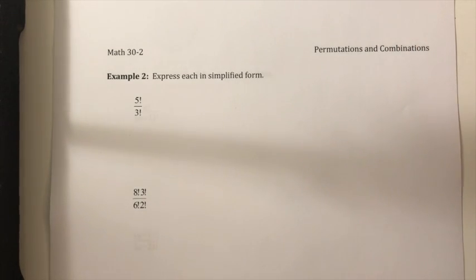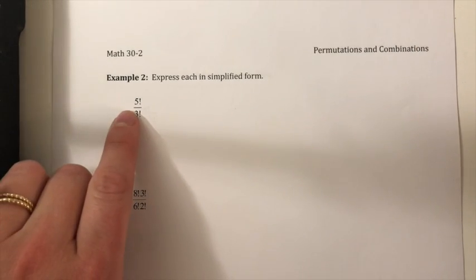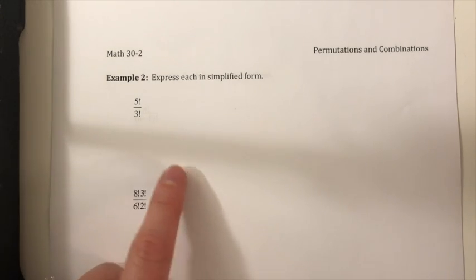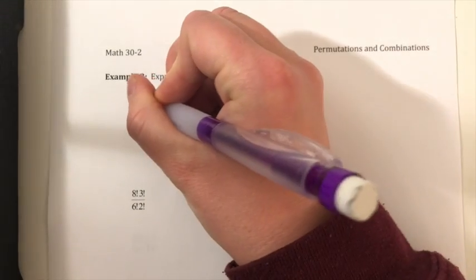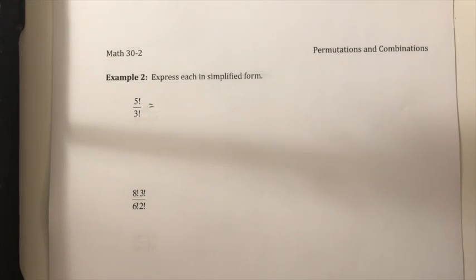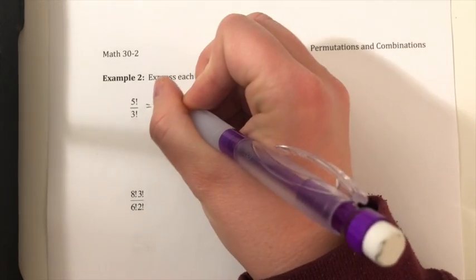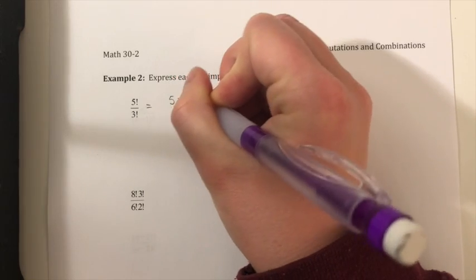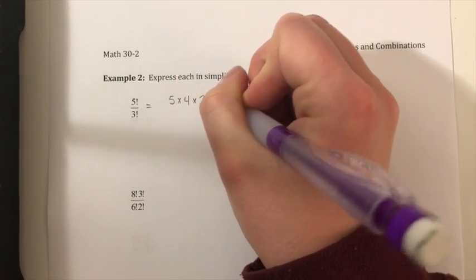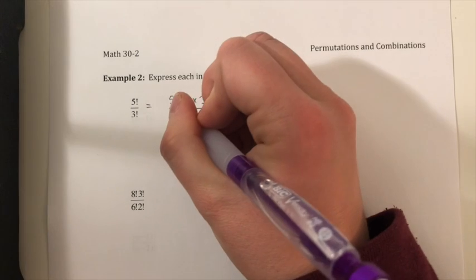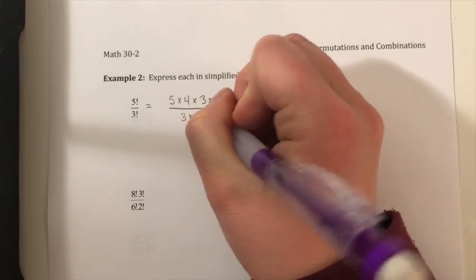Our next example is if we have a factorial divided by another factorial, we can actually simplify. If we had 5 factorial divided by 3 factorial, we can write that as 5 times 4 times 3 times 2 times 1 over 3 times 2 times 1.